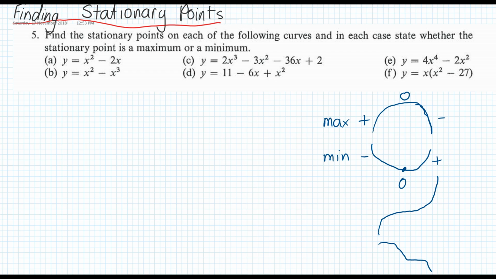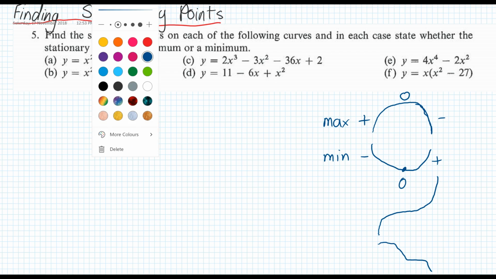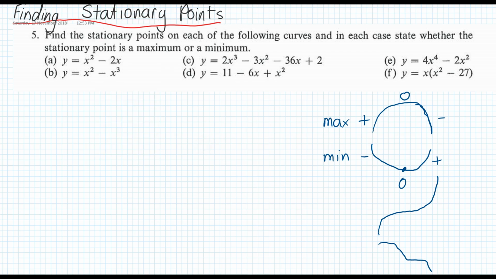So like everything in this unit, our first job is to find the derivative. Okay? Which, for the question I'm going to do, let's go straight to f. Okay? So the derivative in f, the equation is y equals x outside of x squared minus 27.